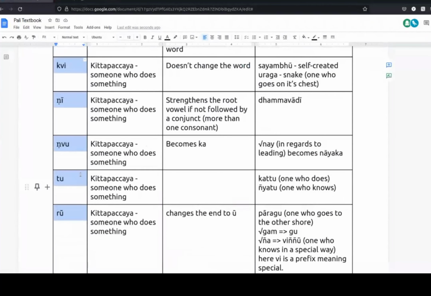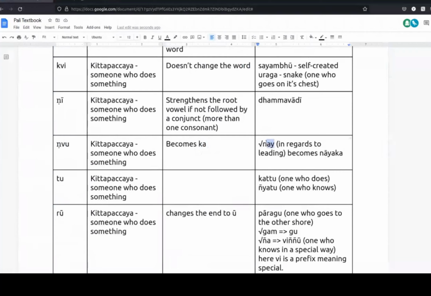Gu, ni, nu, tu, ru. And that can be useful so that you have a list of them in your mind. But it can be a little bit confusing when we're doing it like this without having memorized them. All you need to really know is that you have a suffix aka. Well, with the na there.